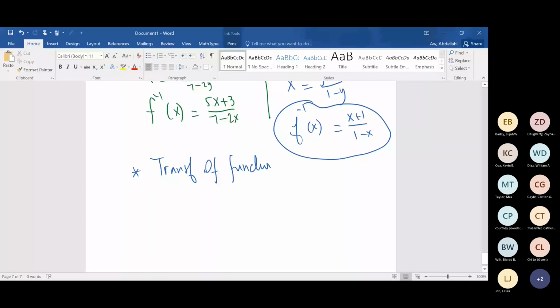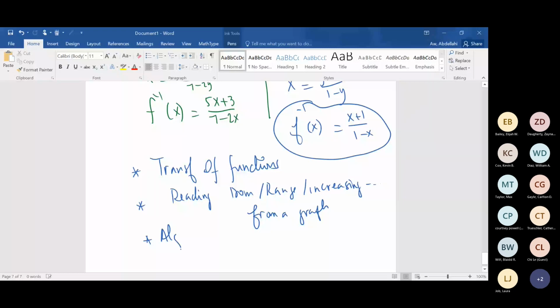Transformations of functions. Reading domain, range, increasing, decreasing, etcetera, from a graph. Algebra of functions. Each topic will have one question, and then inverse of functions.